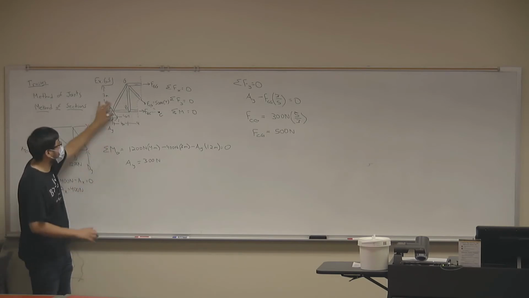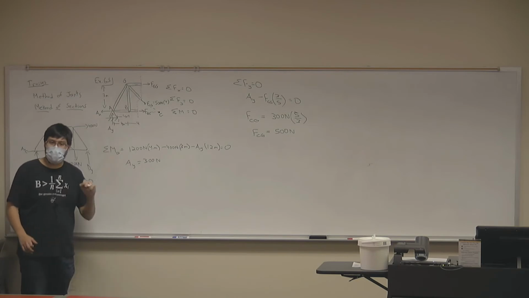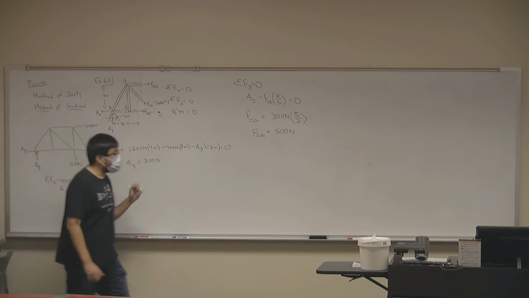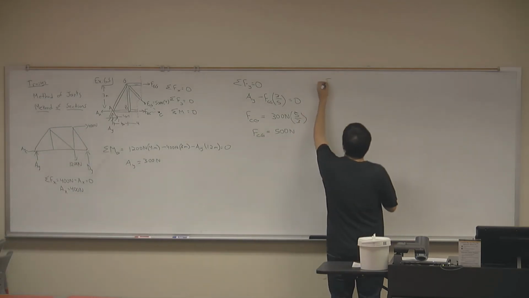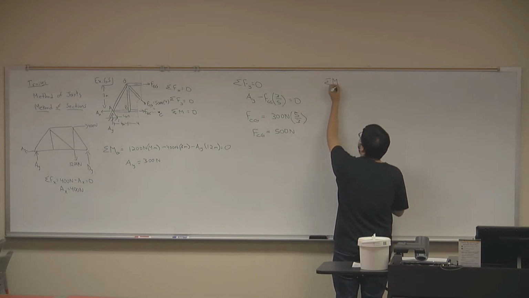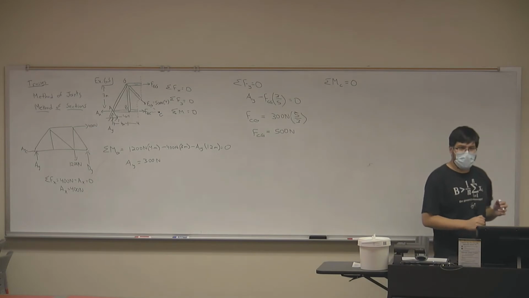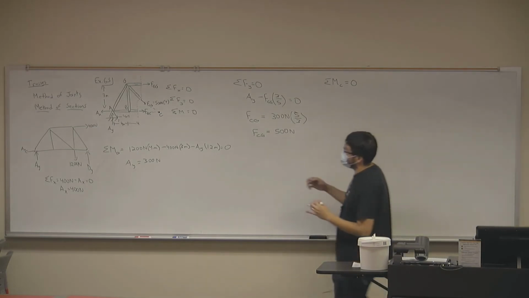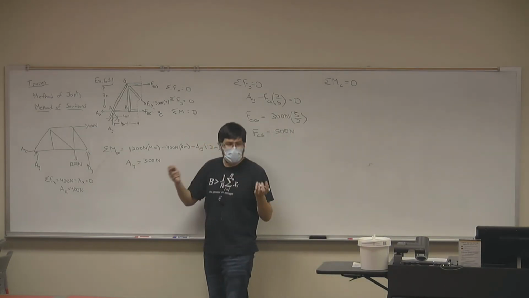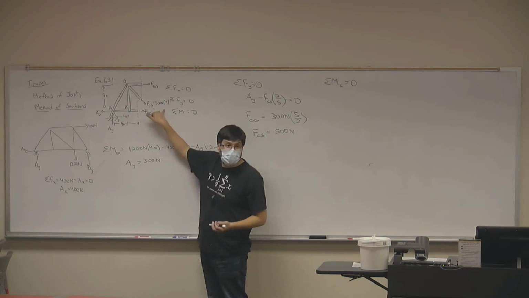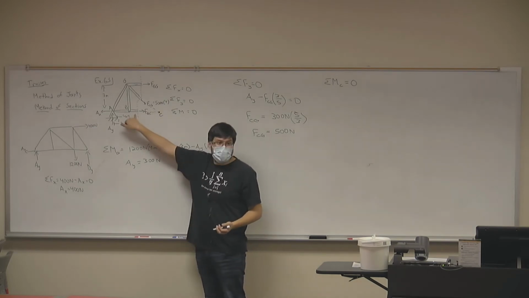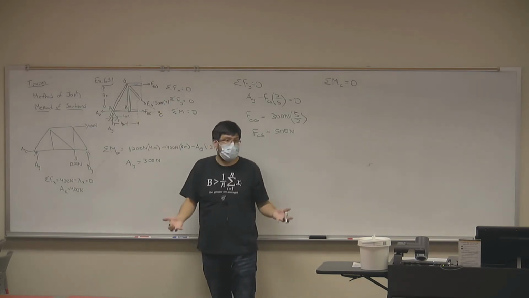It can be any point, even out of your body. So I'm going to take my sum of moments about point C. All I'm doing is picking any point that doesn't necessarily have to be in my system and applying the equations of equilibrium. They have to apply.